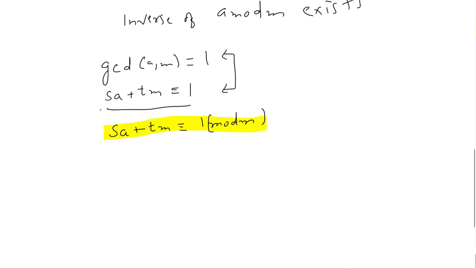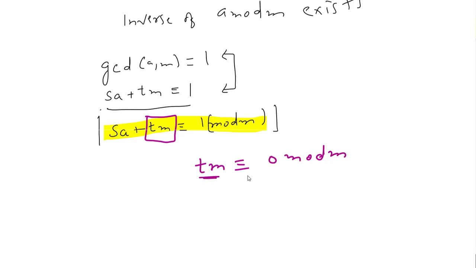Now, the thing worth noting here is, in this expression of congruence, if you look at this part in particular, T times M, since they are constants and we assume they are integers, we know that T times M is congruent to 0 mod M, because this is a multiple of M, so the remainder will always be 0.